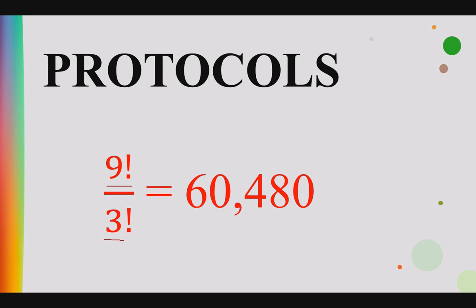So, this one, 9 factorial over 3 factorial is 60,480.